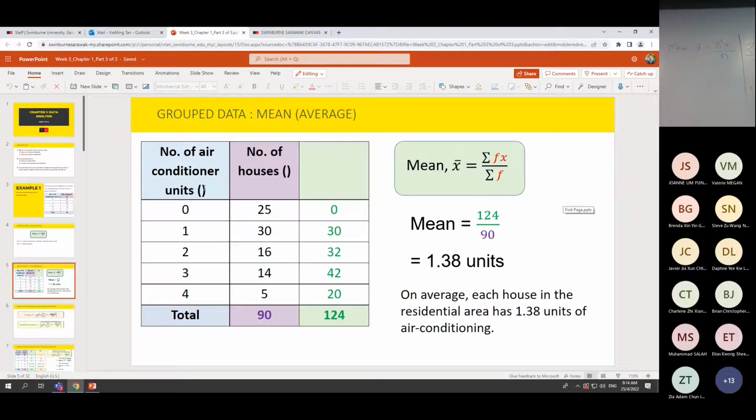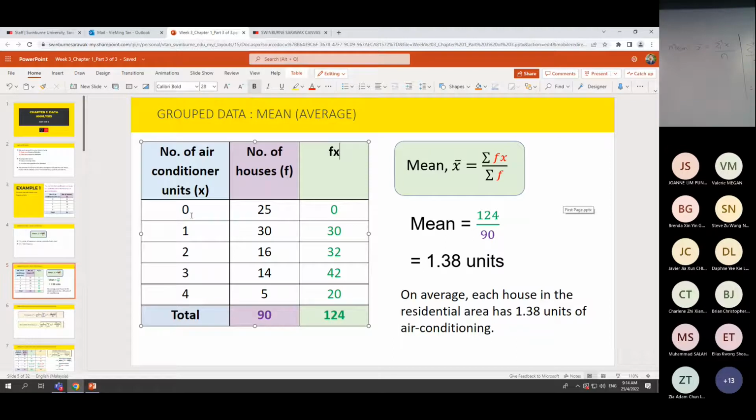The first column is the class column, the second column is the frequency column. So now one more column that we need is the fx column. How do we calculate the fx value for the first row?